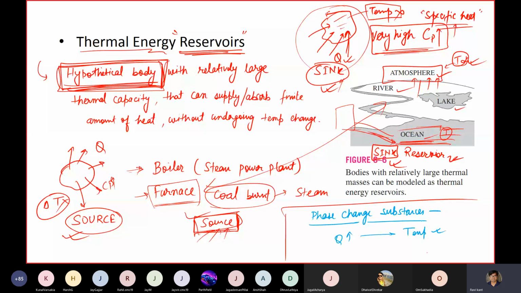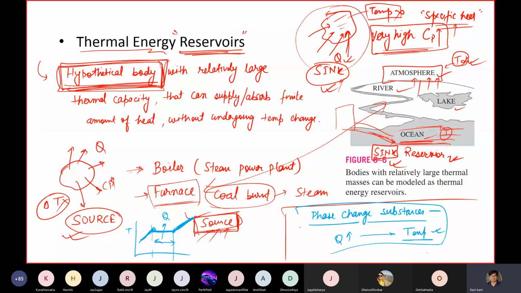During this period the temperature doesn't change, even though the phase has been changed. So subcooled liquid, saturated mixture, and superheated vapors, saturated states here. Between these two states the temperature doesn't change even though I am supplying the heat. So this also acts as a thermal energy reservoir in some sense.